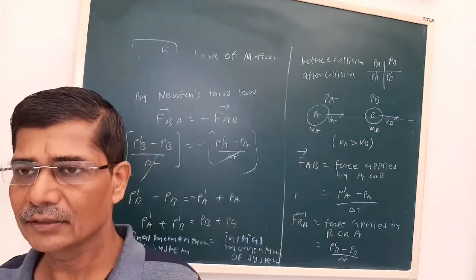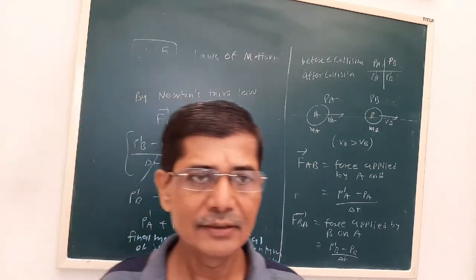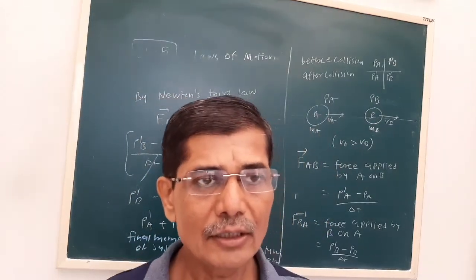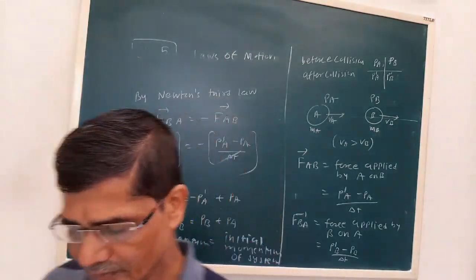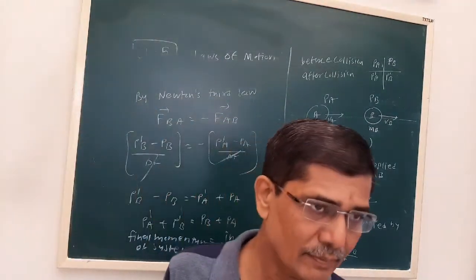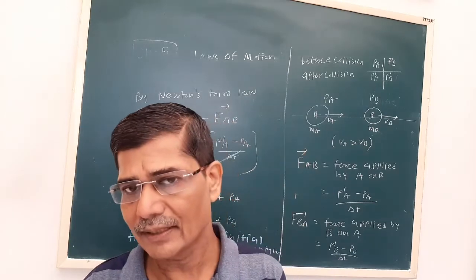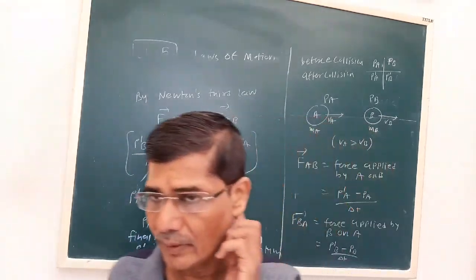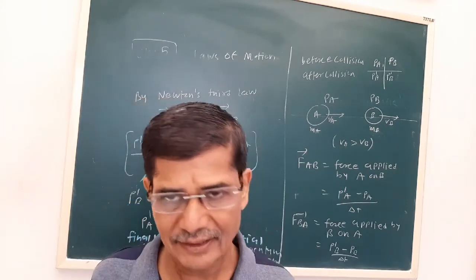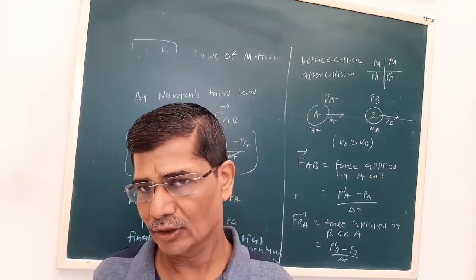Along with the beta particle, a particle called neutrino is also emitted. Initially, when scientists were studying the emission of beta particles, the law of conservation of linear momentum was not satisfied in their calculation.